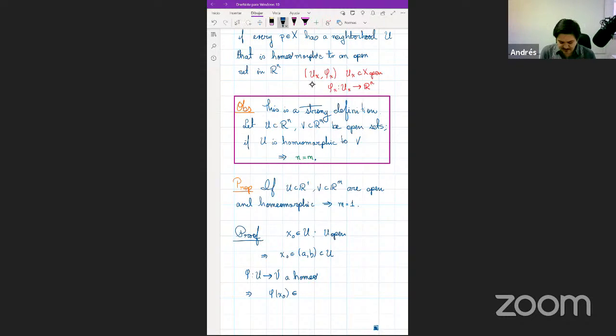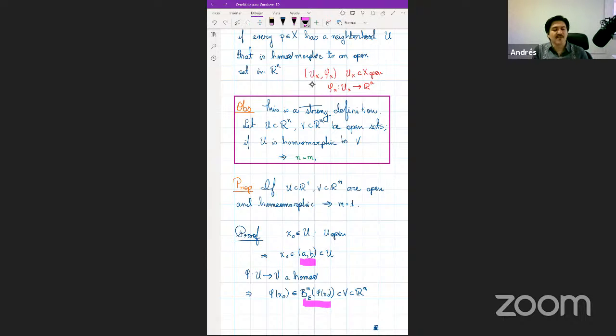So you have a very small open ball, epsilon, in Rm. Because V is open, right? So in the same way that you can put an interval, you can put a ball.